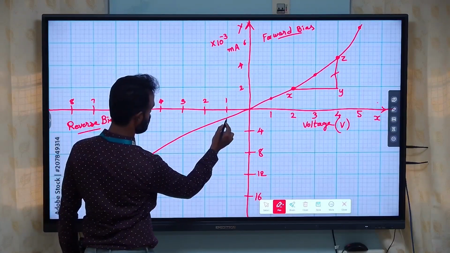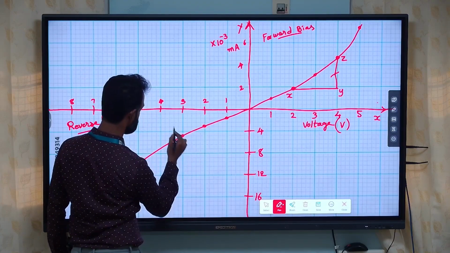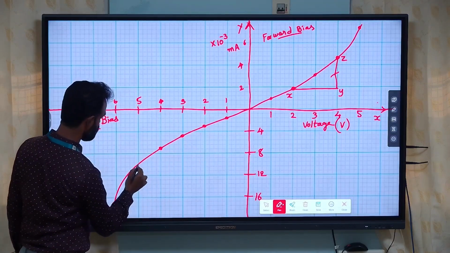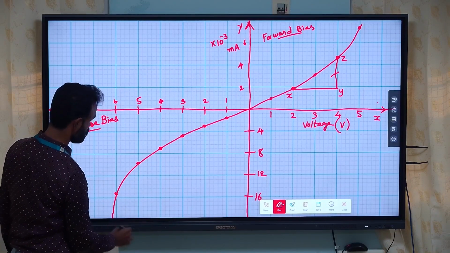Imagine we are getting values at these points with respect to 4, 5 and 6 likewise.